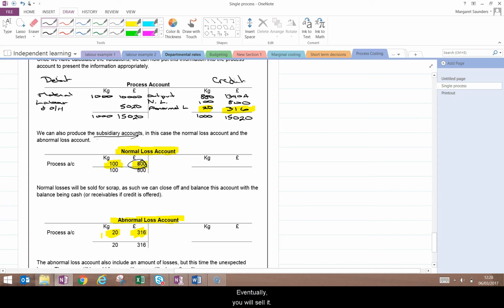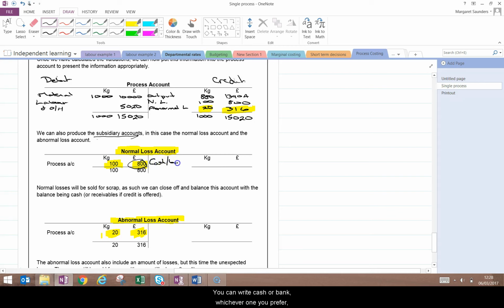So eventually you will sell it. You'll receive £800 cash. Cash, as you know, goes into either your cash account or your bank account. So let's say we put it into the bank. So you would have debited the bank account with £800, and the credit entry for that goes to your normal loss.